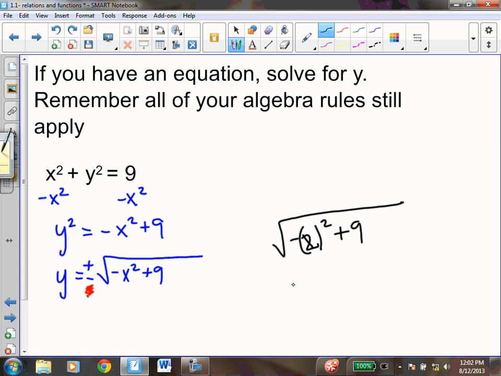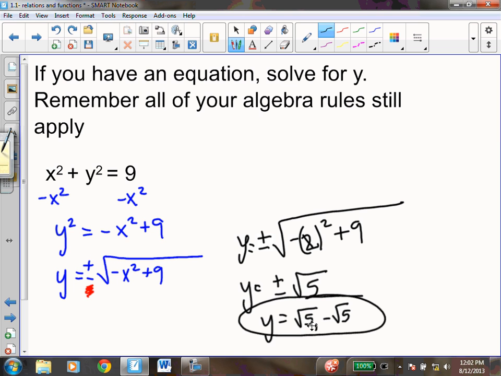Negative 4 plus 9 is the square root of 5. Now I still have to account for the plus and minus. So y could equal the square root of 5, or it could equal the negative square root of 5. So notice we have 2 outputs for 1 input of x equals 2. Which means that this cannot represent a function.